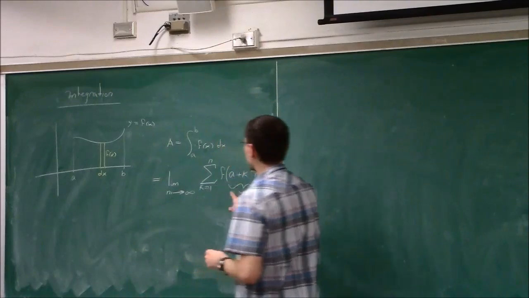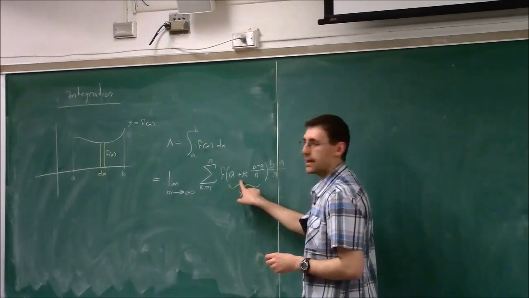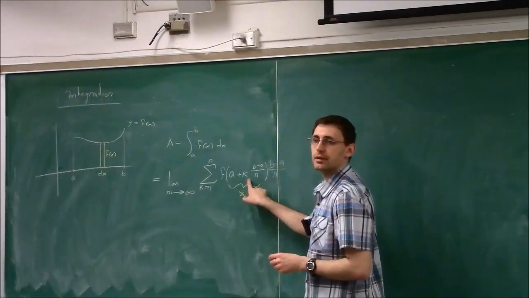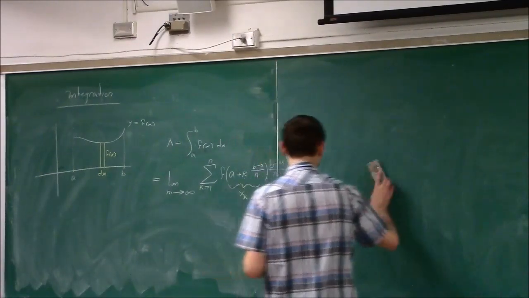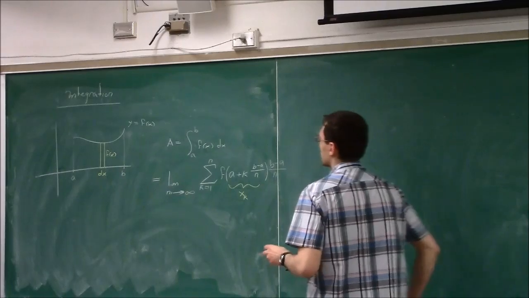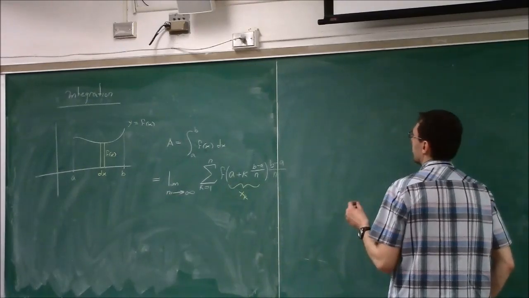Now, in particular, in this setup, we are picking the right-hand point and plugging the right-hand point into the function. There is nothing special about putting in the right-hand point.